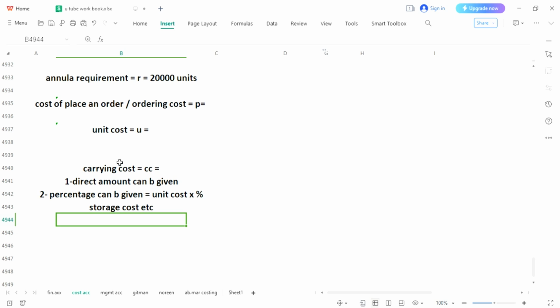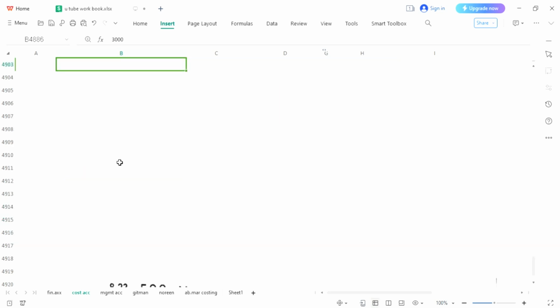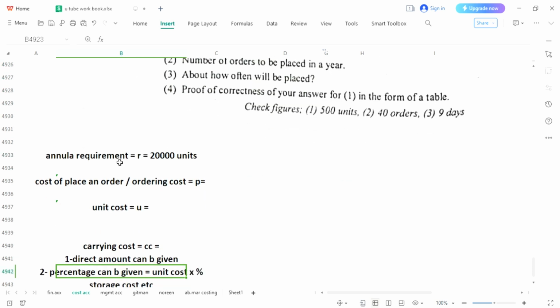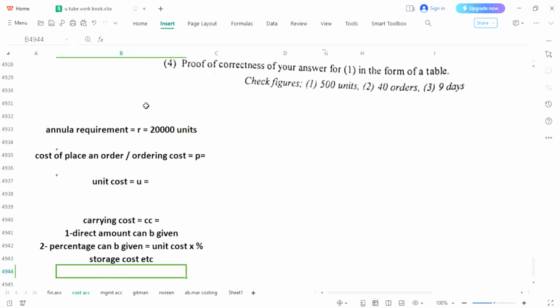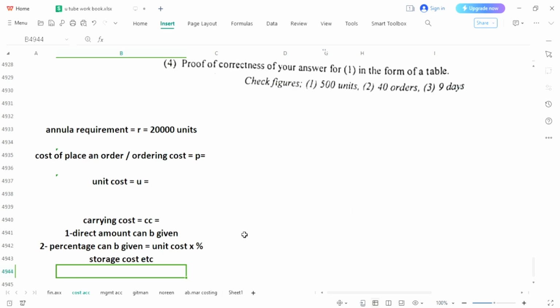So in this way, our question would be completed, and here we will be looking forward. Annual requirement has already been written. We have seen 20,000 units. Carrying cost: now look at here, percentage is given. Inventory carrying cost 8%. And we have seen if percentage is given, how would you calculate?